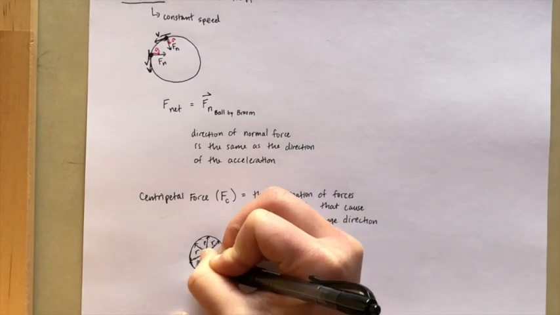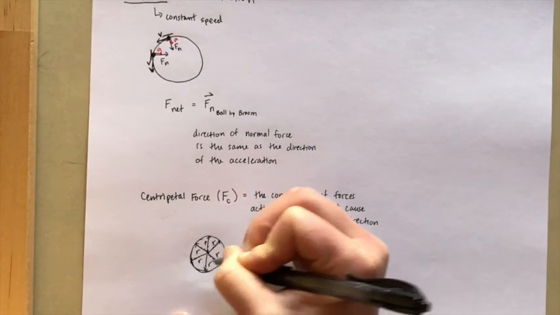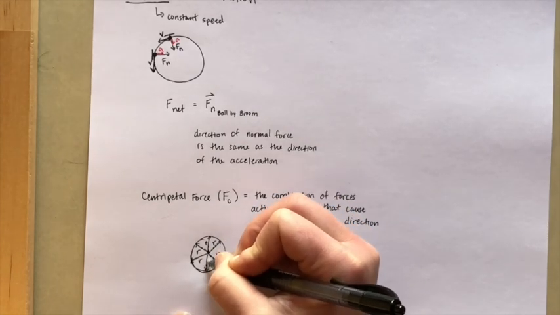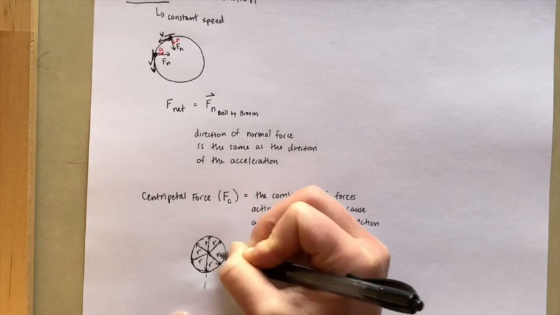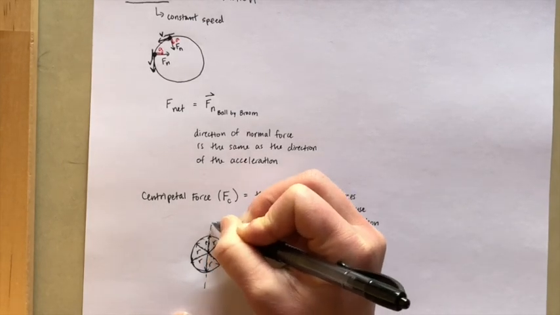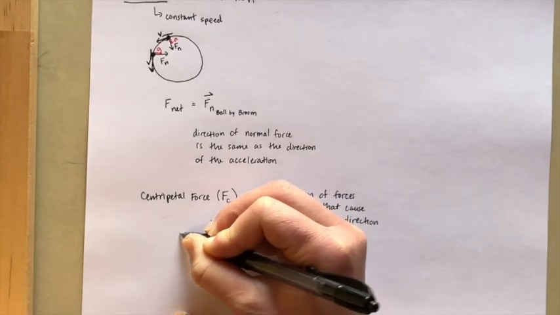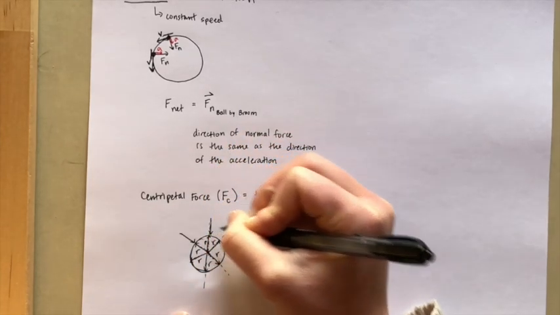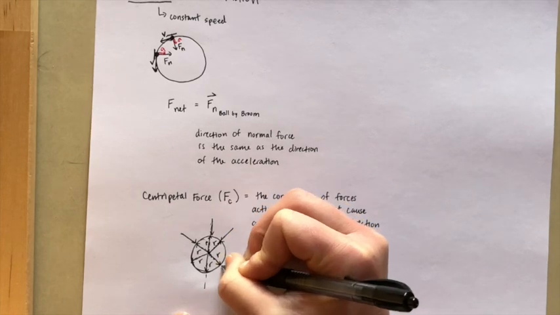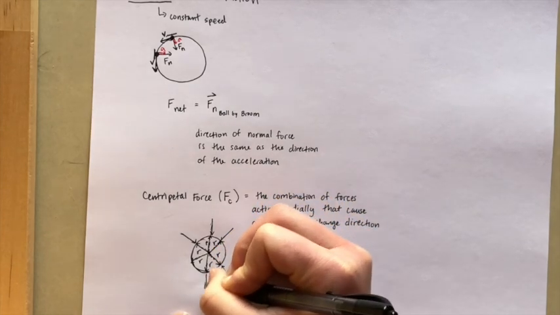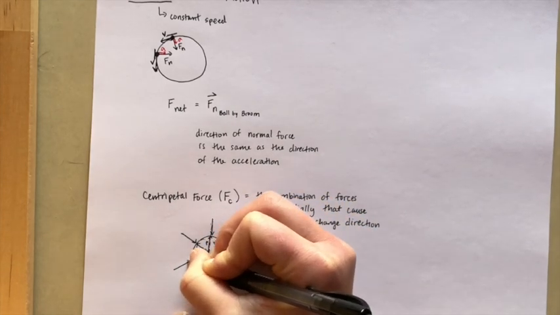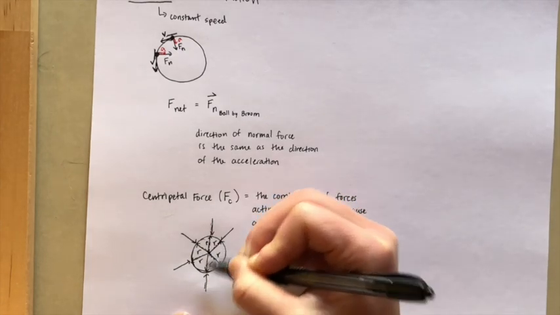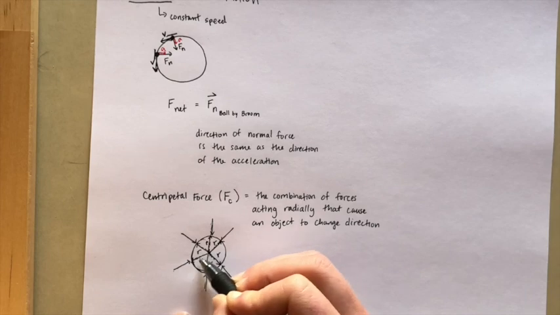And so the radial direction doesn't necessarily have to mean that it's pointing outward from the center of the circle, but really anything that's acting along this direction, either from away from the center of the circle towards the center, or from the center of the circle towards the outside. So the radial direction just means any of these directions that are either towards the center or out from the center.